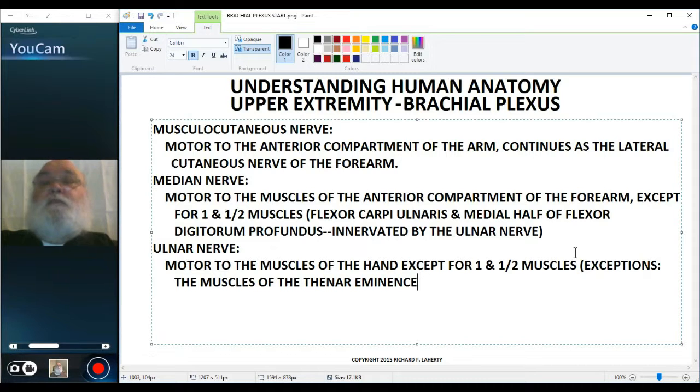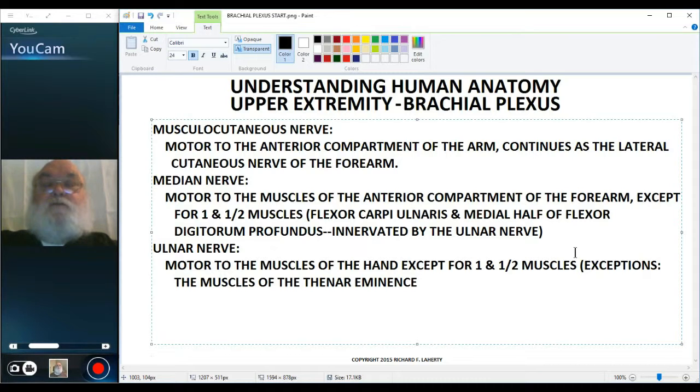Now I know that's 3 muscles, but it's easier to remember the same exception rule, and so we fudge a little bit. And those 3 muscles together make up one nice, easily identifiable area. They are exceptions to the rule.